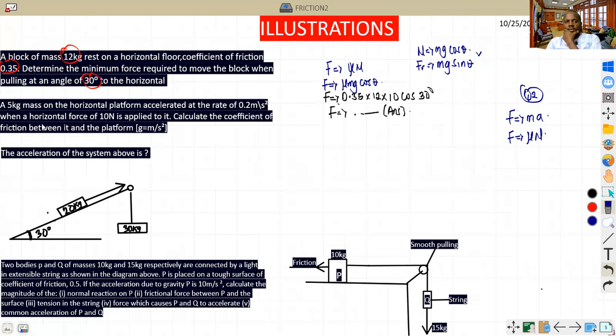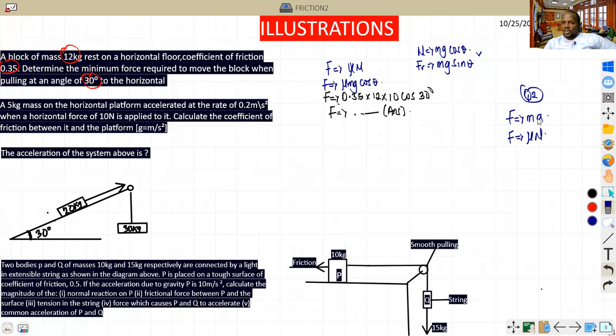What I'm trying to say, guys, is when you know the concept, questions become very easy. Now, the horizontal force is the frictional force, which you know is 10 Newton. But there is a force also acting on the body, which was trying to pull the body.